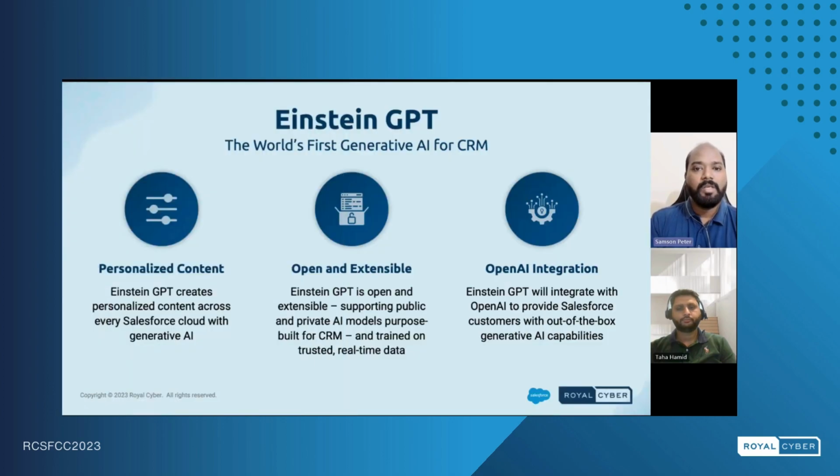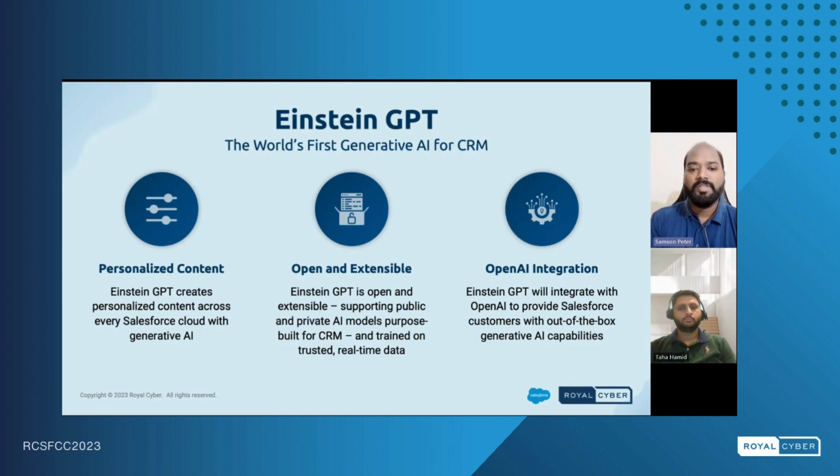So, what is Einstein GPT? Right, this has been sort of a buzzword within the Salesforce CRM community. Einstein GPT is the world's first generative AI for CRM, and it can help create personalized content across every Salesforce cloud with generative AI.